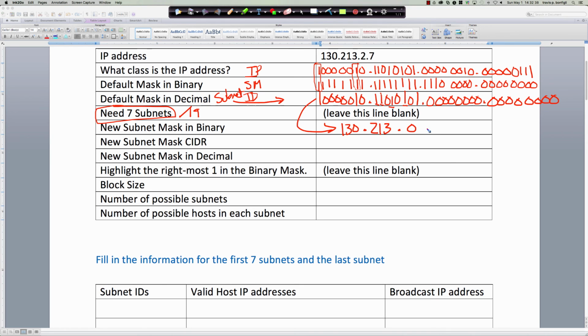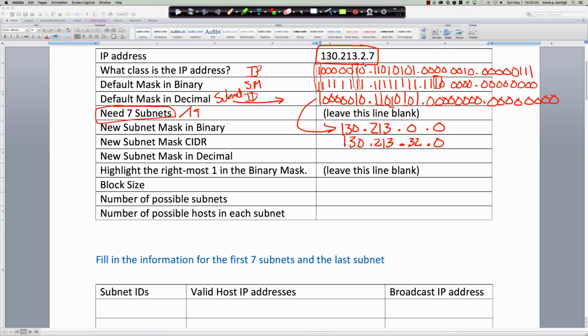dot 0 dot 0. And that IP address definitely falls into the first subnet ID range, right? Because if we're doing a /19, our block size is 32, which means the next network ID or subnet ID would be .32.0.